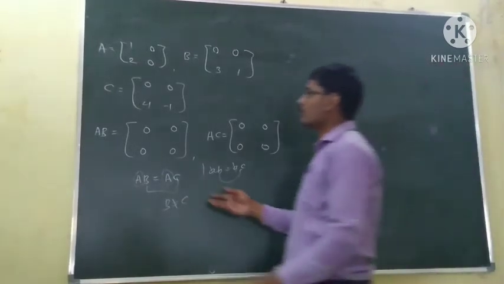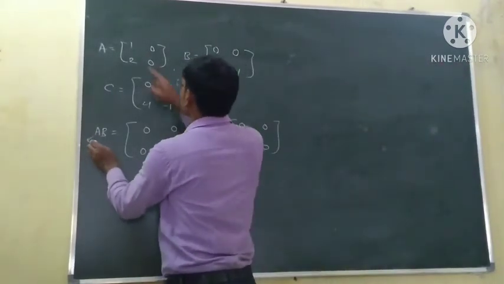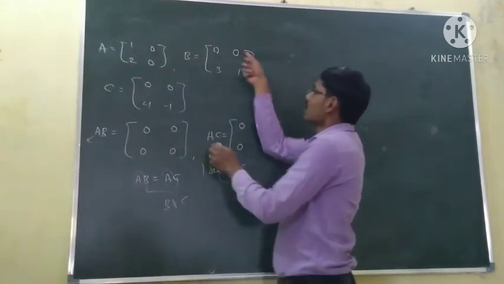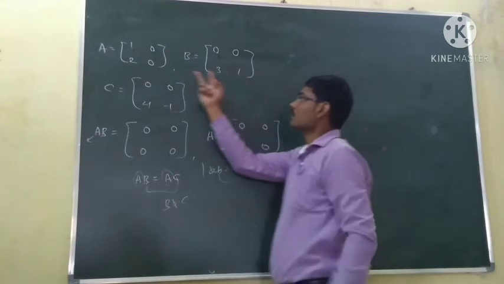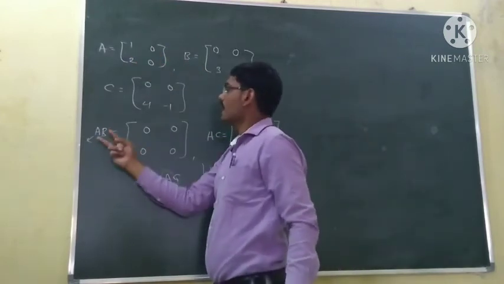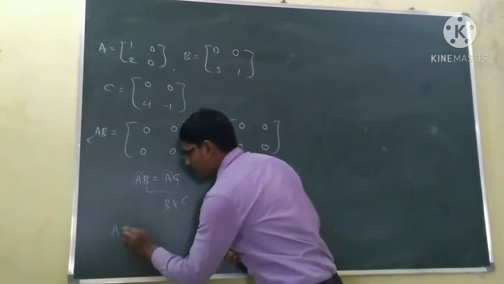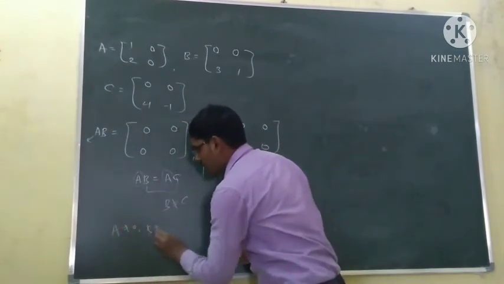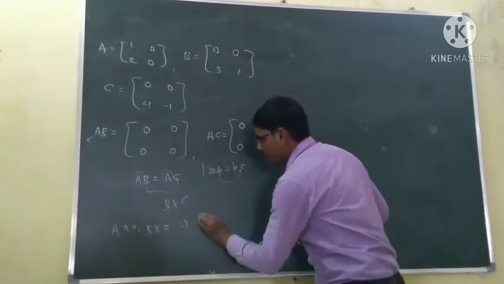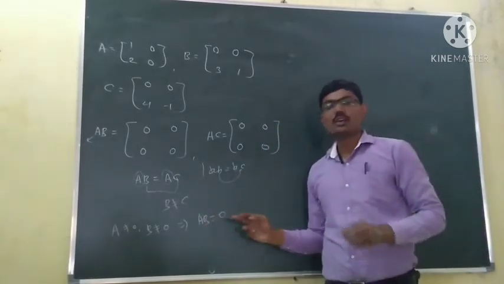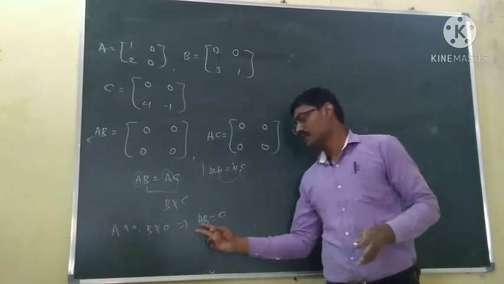Also, both the matrices are non-zero: matrix A, 1 0 2 0, is not the zero matrix, and matrix B is also not the zero matrix because there are some non-zero numbers, though A into B is 0. So A into B equal to 0 does not imply that one of the matrices is 0.